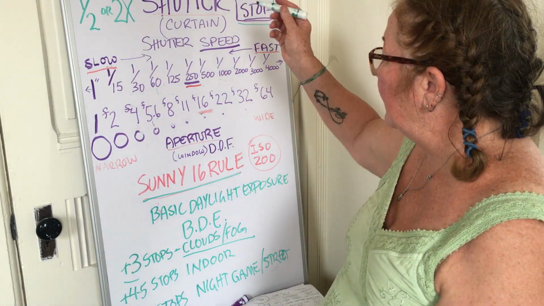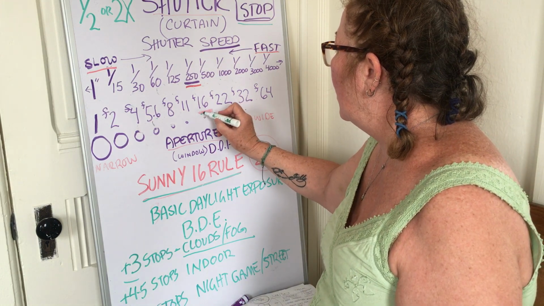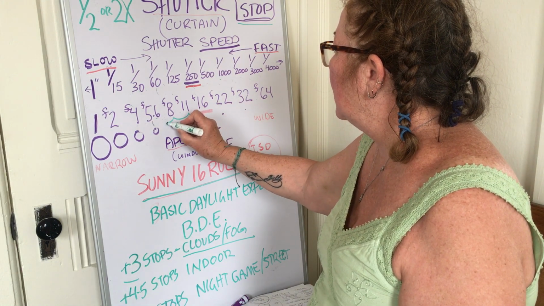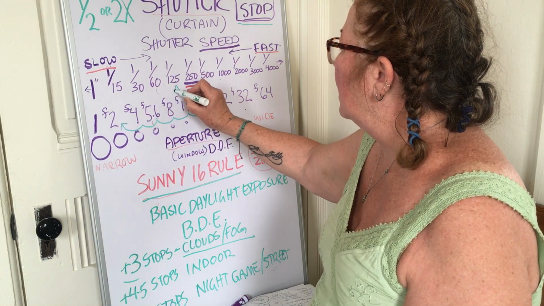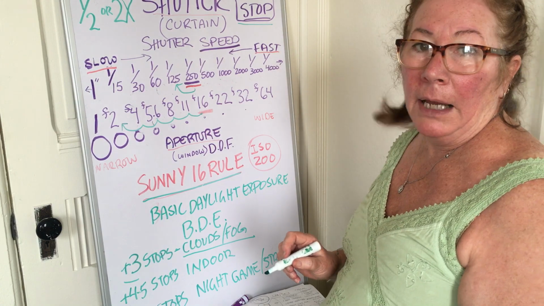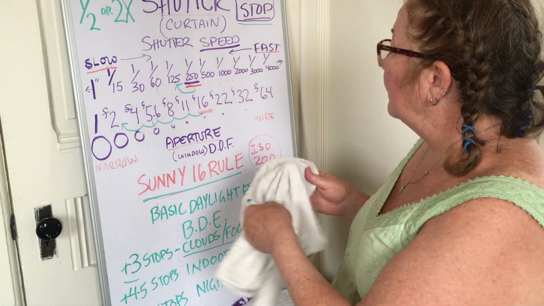So you would put 6 stops more light on if you're outside. So you might want to go 1, 2, 3, 4, 5 here, and 1 there. Okay, that's our 6 stops. Boom. It's pretty easy, right?